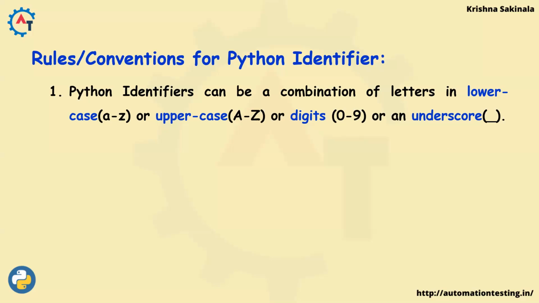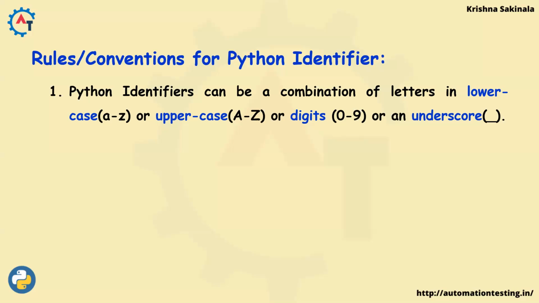And apart from all these, you can use one special character called underscore also. These are what you can use for an identifier.